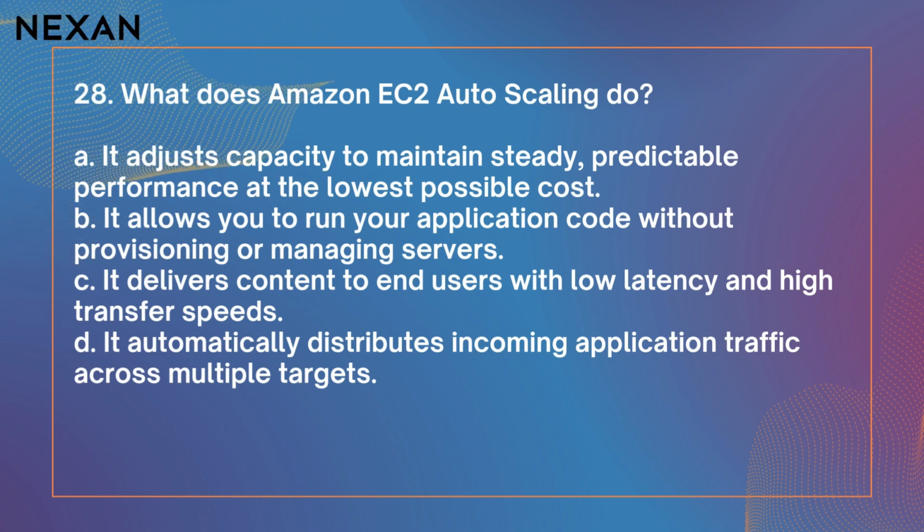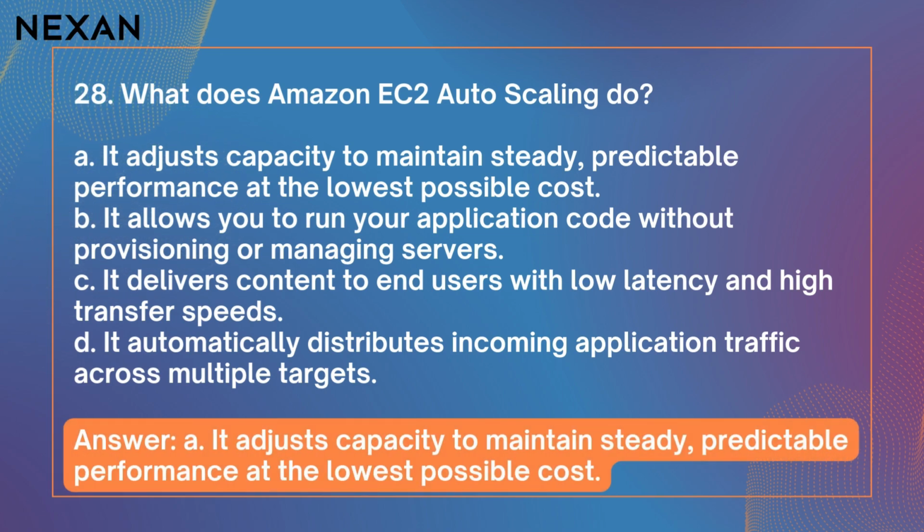C. It delivers content to end users with low latency and high transfer speeds. D. It automatically distributes incoming application traffic across multiple targets. Answer: A. It adjusts capacity to maintain steady, predictable performance at the lowest possible cost.